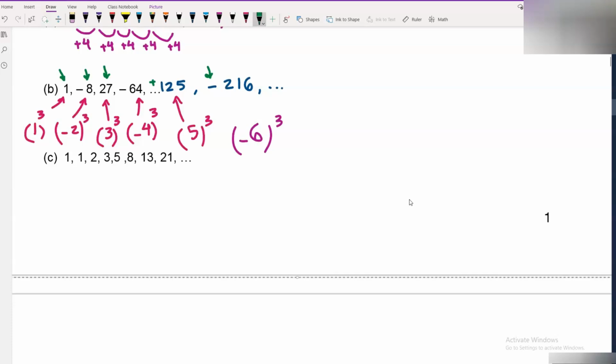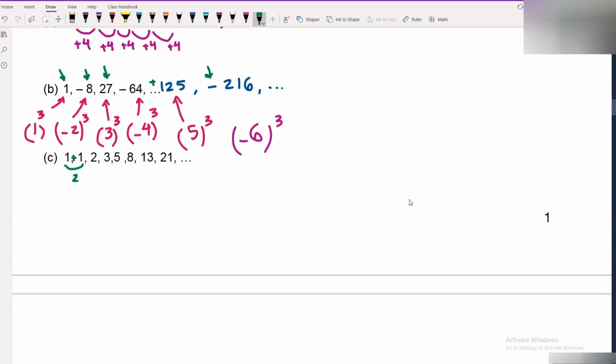Next one, these numbers are given: 1, 1, 2, 3, 5, 8, 13, 21. We have to see if there is any relation between these numbers. The first one is 1, the second one is 1. Here we have 2, we have 3, we have 5. I'm not sure if you can see that one, but I see that if I add these two, 1 plus 1, I'm going to have 2.